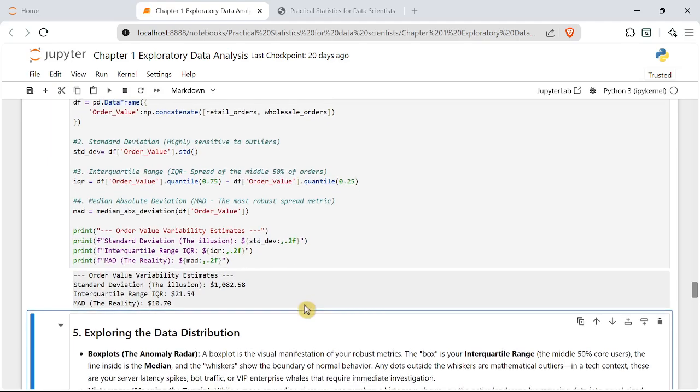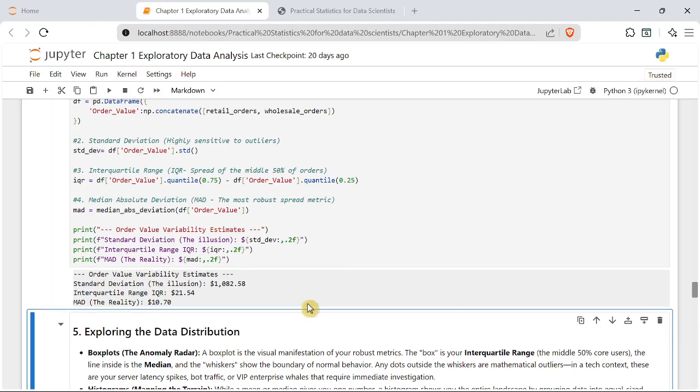So if we just look at the standard deviation, our order values fluctuate by over 1082 dollars. If we hand that number to the supply chain team, they will panic and overstock the inventory to buffer against the massive volatility.